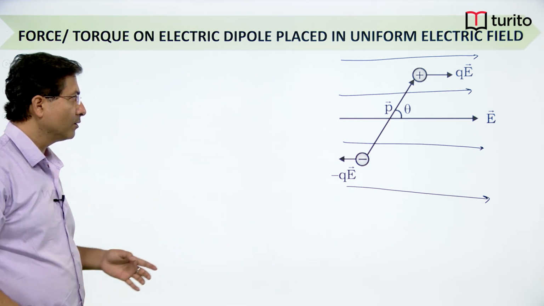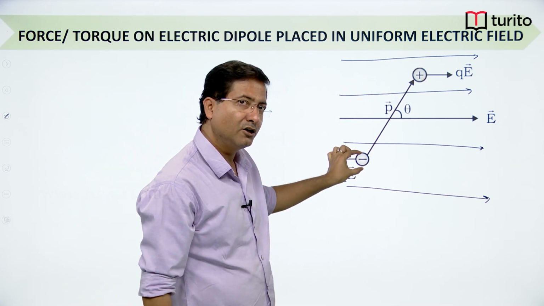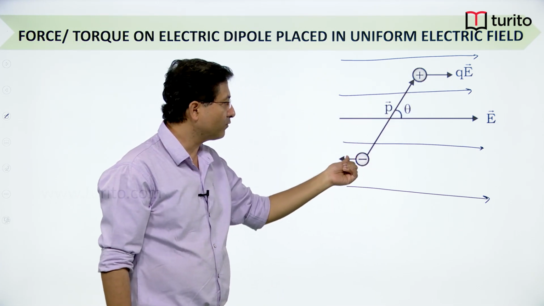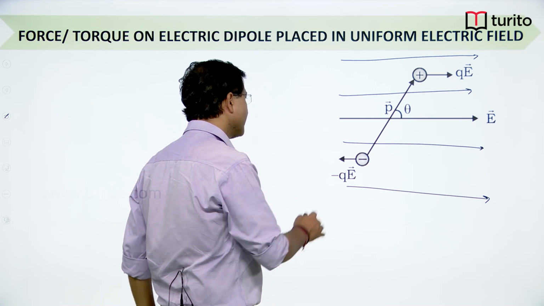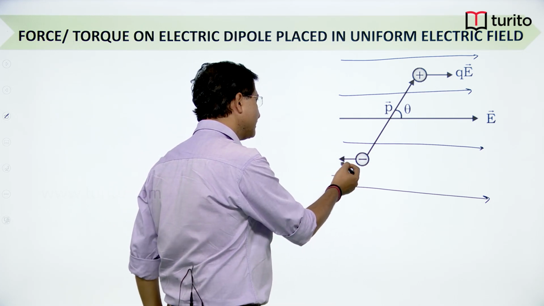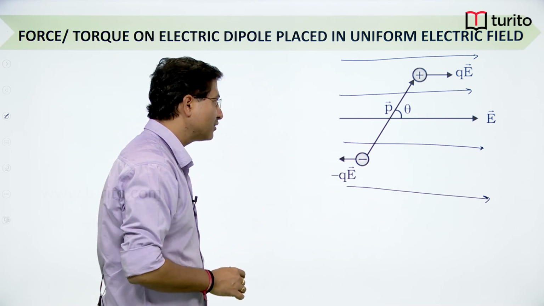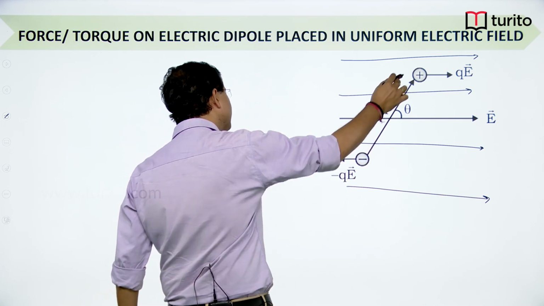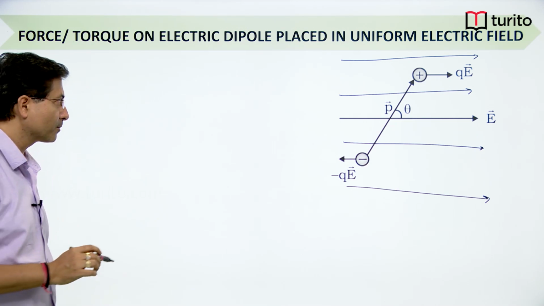If I draw the free body diagram of the dipole, QE force acts in this direction and the same amount of force is acting opposite to the field. So magnitude wise this force and this force will be the same, but direction opposite, they will cancel each other. So the net force experienced by the dipole will be 0, right.